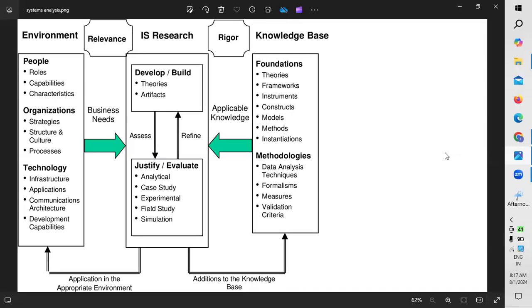So we should have a detailed understanding of the strategies, followed by the structure of the organization. Next, the organization culture, followed by the processes they are following. All these come under the organization part.